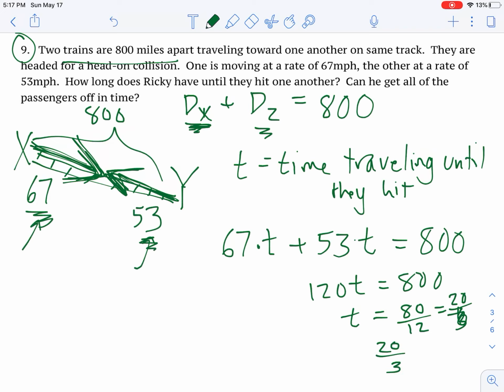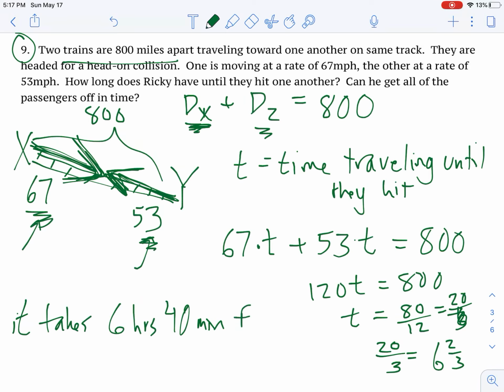So I have 20 thirds hours, or 6 hours and 2/3 of an hour, which is really 40 minutes. Because think about it, what's a third of an hour? That would be 20 minutes. It takes 6 hours and 40 minutes for the trains to collide.